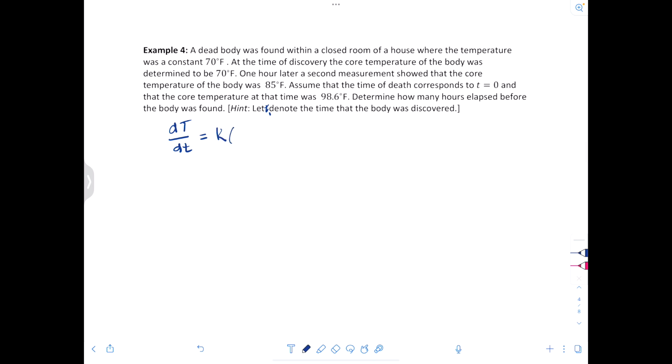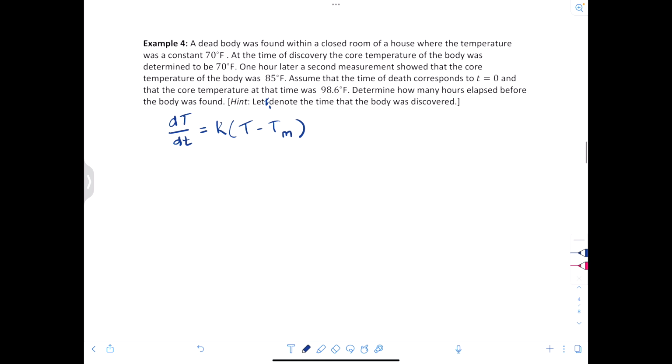So k times capital T minus Tm. Well, in this case, Tm is 70 degrees, right? So the instantaneous rate of change of the temperature with respect to time will be k times T minus k times 70 degrees. The ambient temperature was 70 degrees.